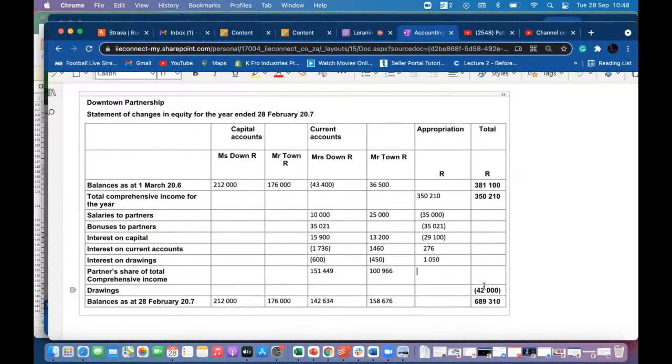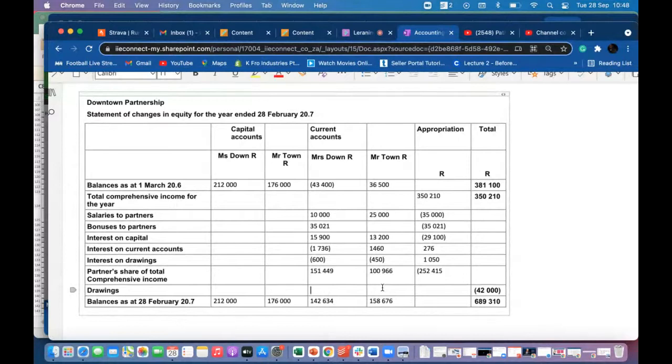So the total that was wiped out of the appropriation is then 252,415. Okay. Then last but not least, and I'll give you guys a break now, we then have drawings.